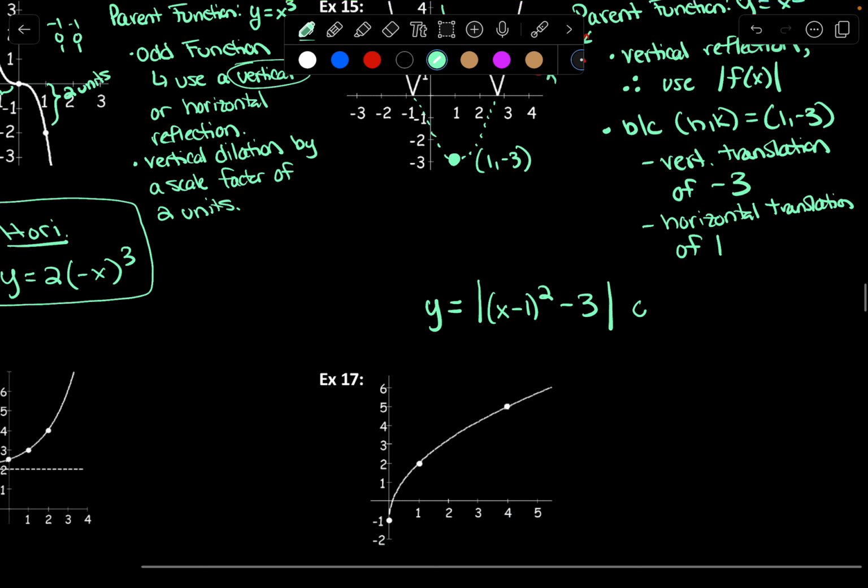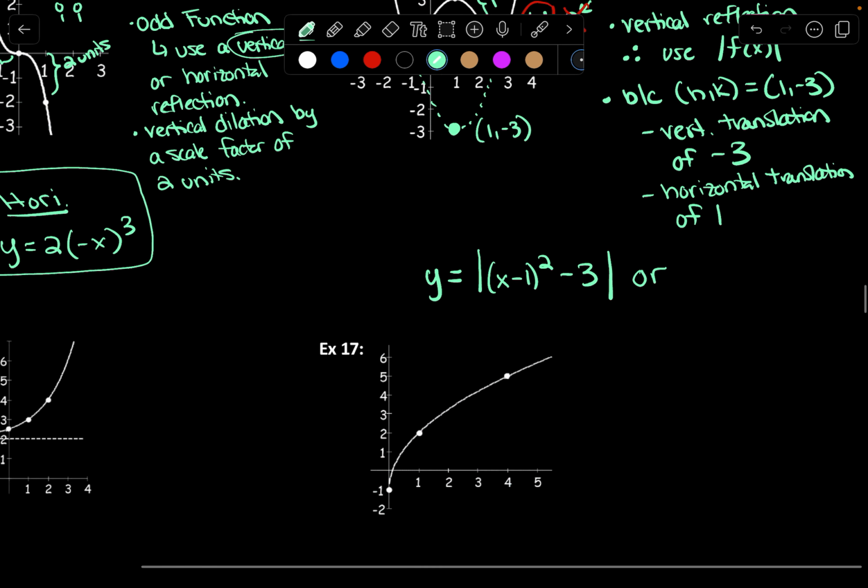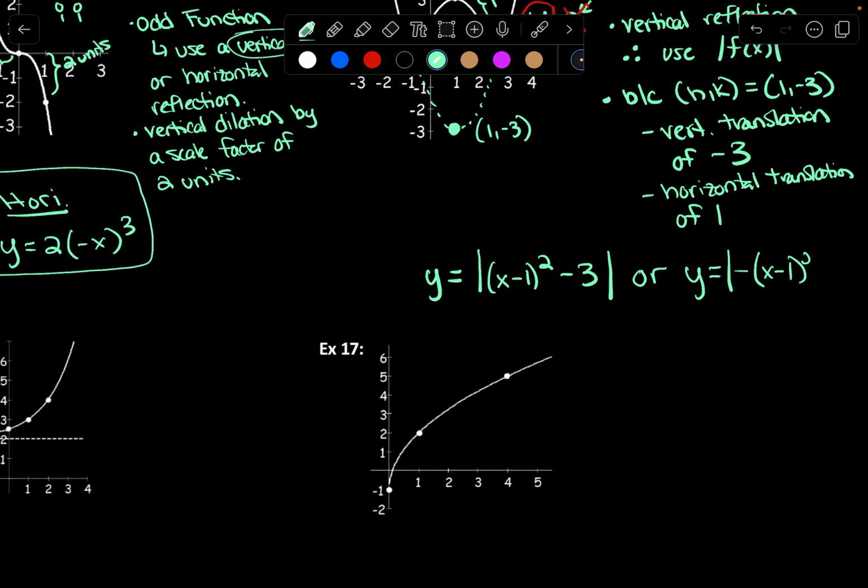Now, if you wanted your parabola to face downwards, you could also write it as this: y equals the absolute value. If the parabola was facing down, that means you have a vertical reflection, so it's going to go on the outside of the parentheses, +3. So that's what it would look like.